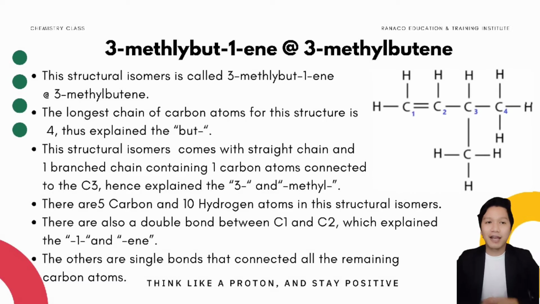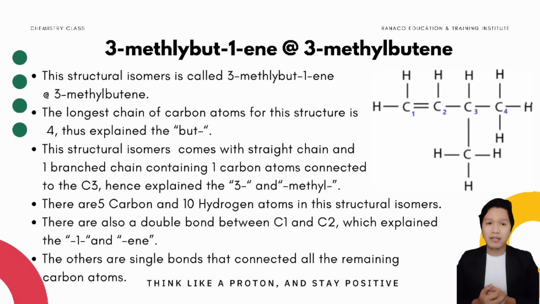Alright, the next isomer for pentene is called 3-methyl-but-1-ene or 3-methylbutene. The longest chain of carbon for the structural isomer is 4, thus explaining the but. This structural isomer has a straight chain and one branch chain containing one carbon atom connected to the C3.